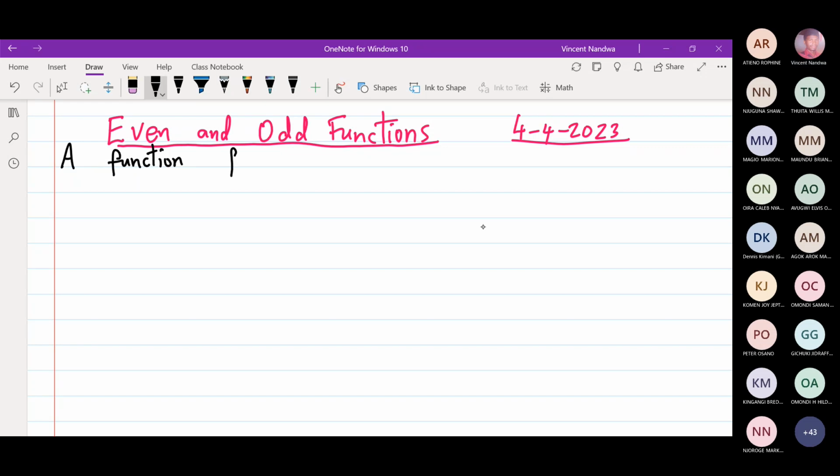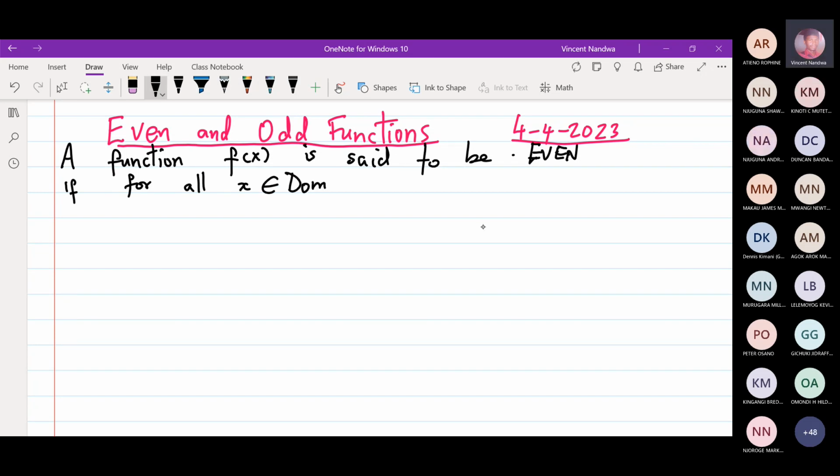The function f of x is said to be even if for all x in the domain of the function, f of negative x is the same as f of x.